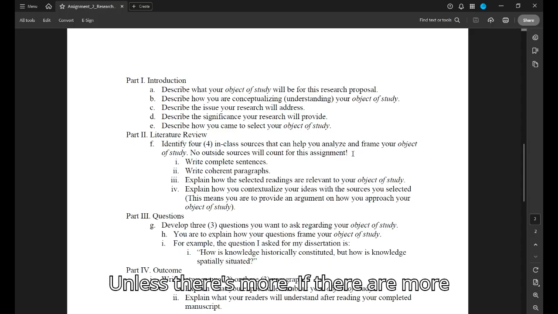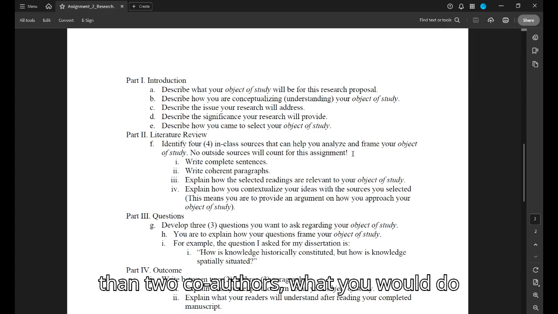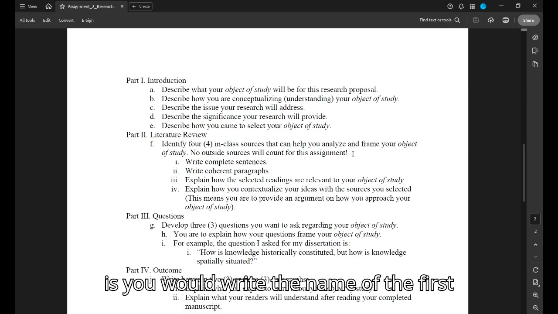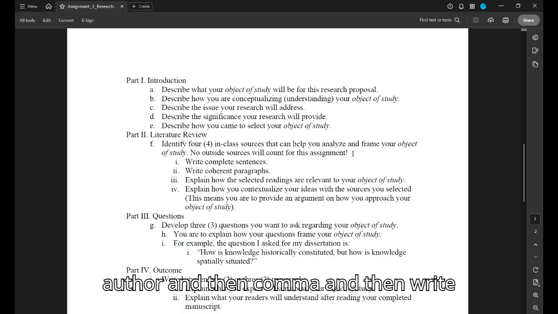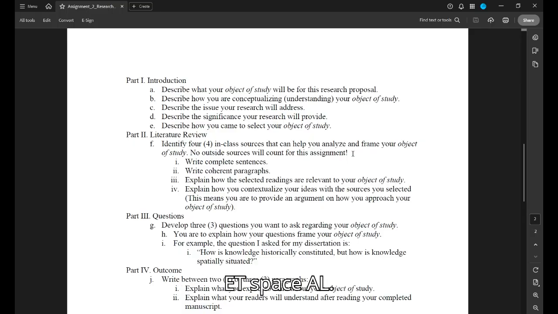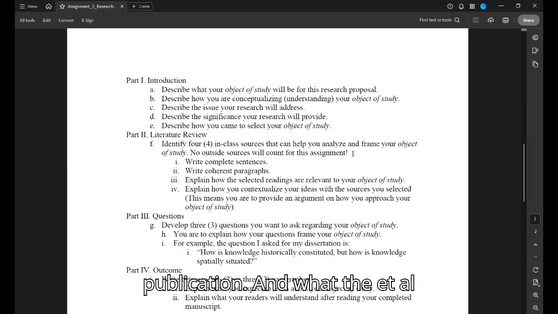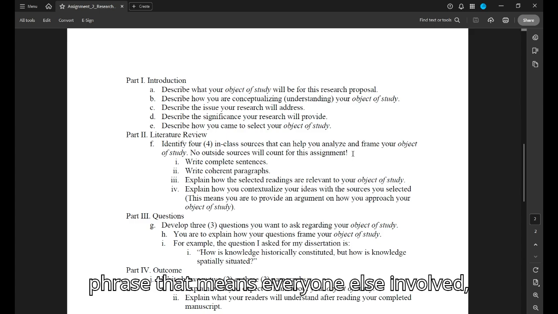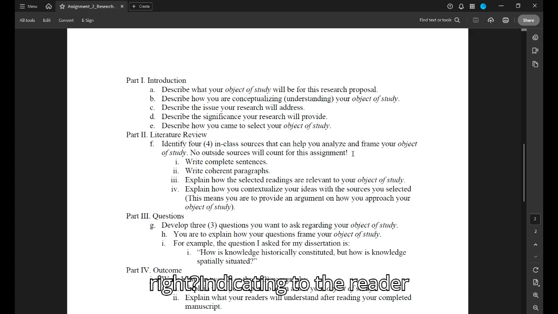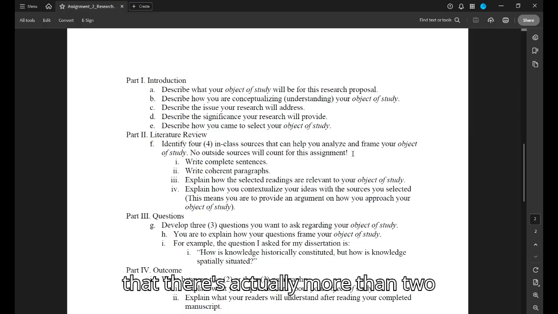If there are more than two co-authors, you would write the name of the first author, then a comma, then et al., comma, and then the year of publication. What et al. means is just a Latin phrase that means everyone else involved, indicating to the reader that there's more than two authors.